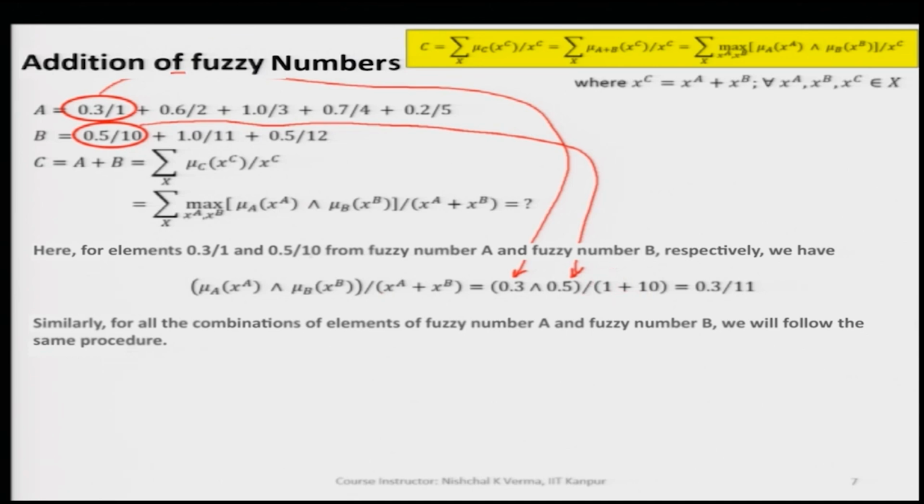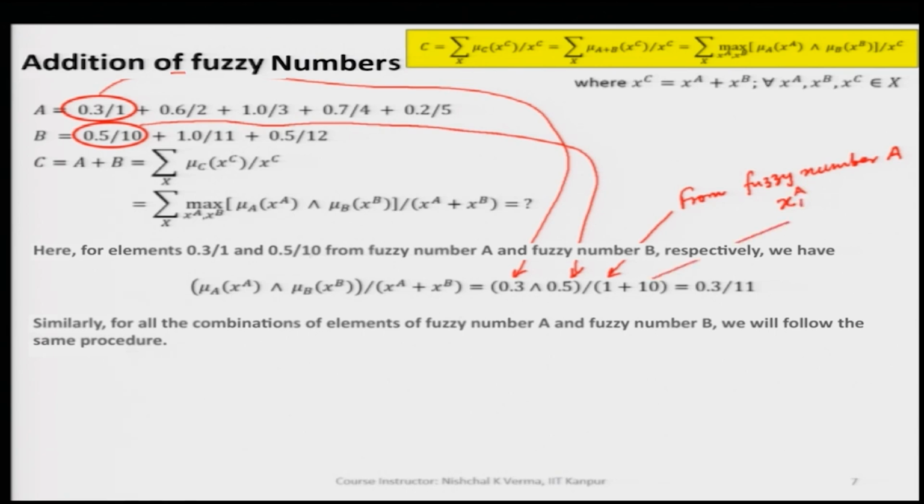So, this is the generic variable value from the first fuzzy number A, and I can write it here as x 1 a.